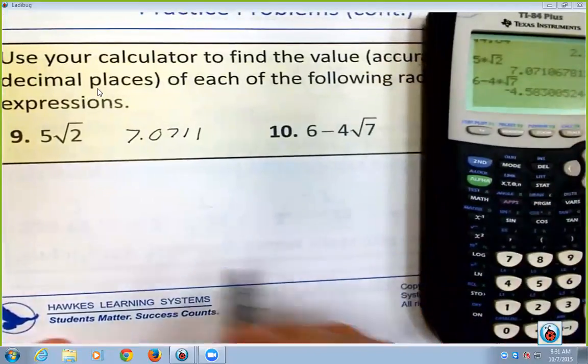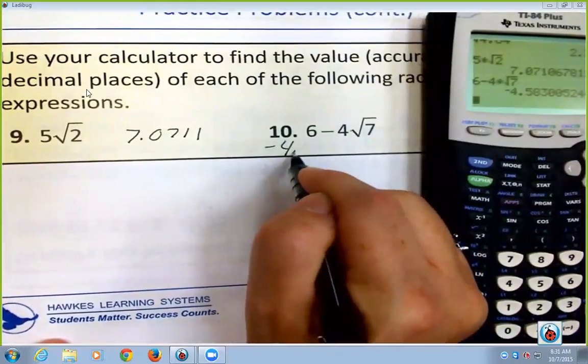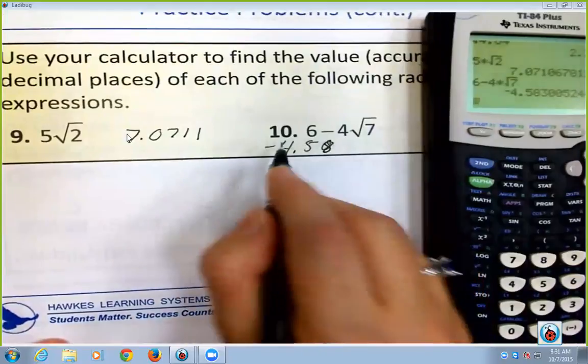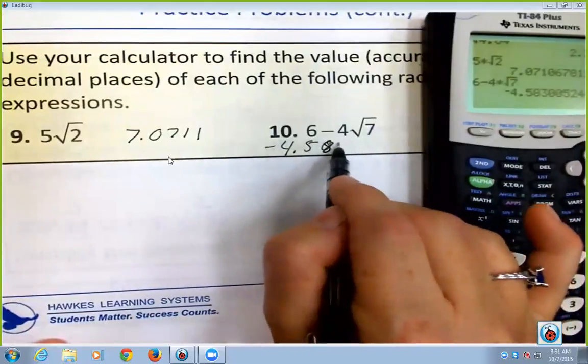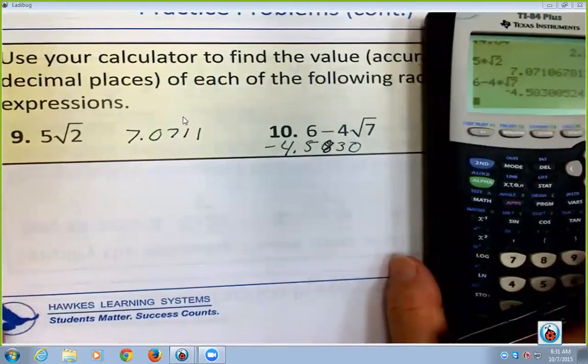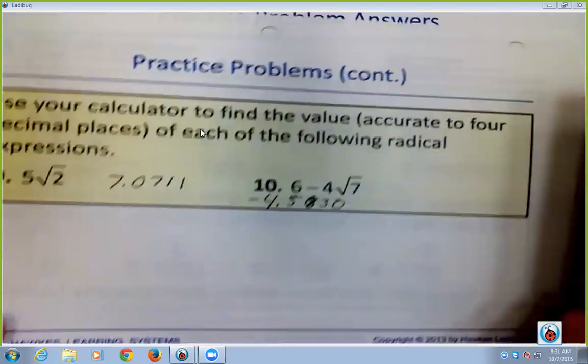A 0 after it, so it stays a 0. Negative 4.580 or 830. So that would be my solution to this one. Okay or not okay? What do you think? Okay, and that's all there is in that section.